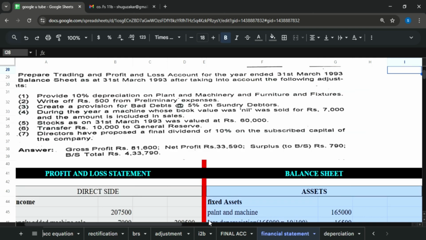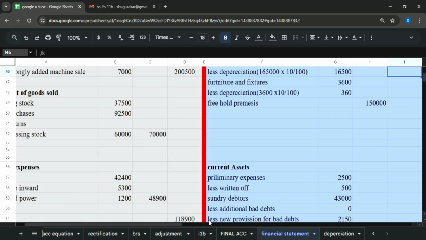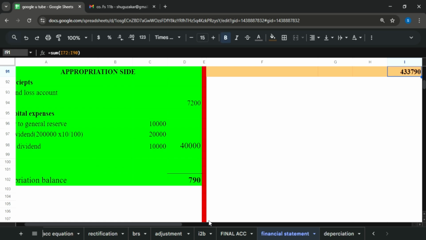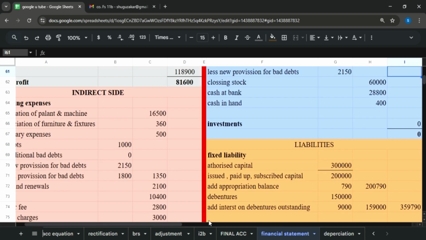So here in the question, last line, check balance sheet total is 433,790, and we are happy to see that our answer is also 433,790. 4 out of 5 parts are completed.